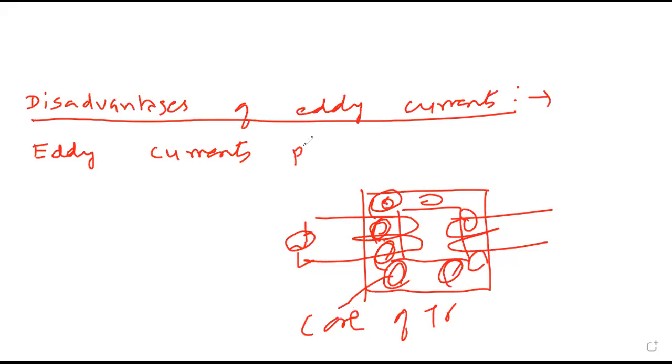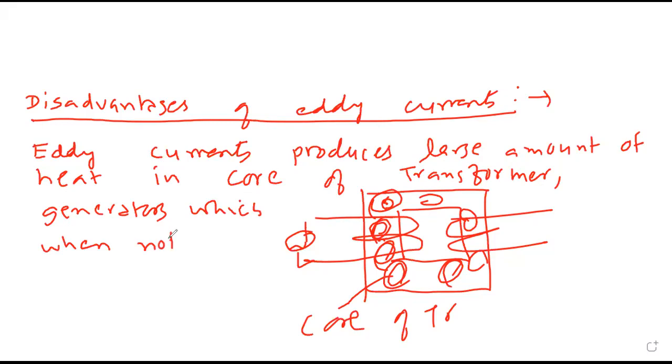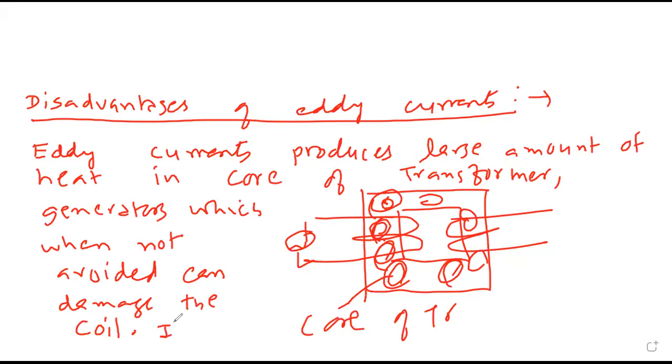So I can say eddy currents produce a large amount of heat in the core of transformers, generators, which when not avoided can damage the coil.